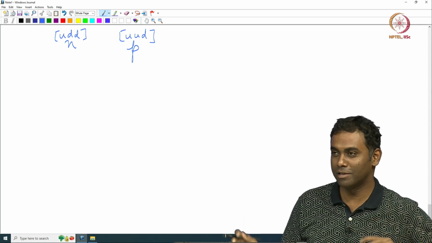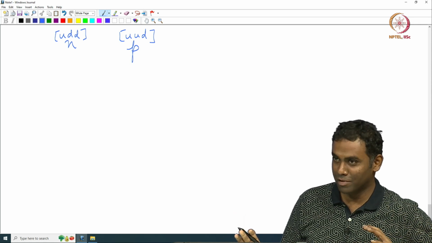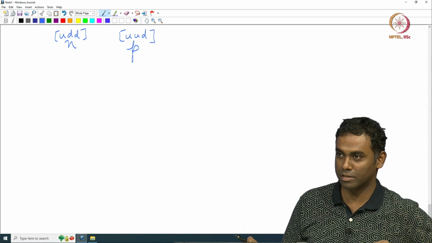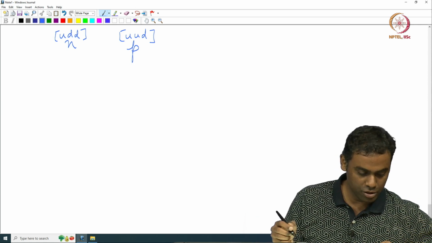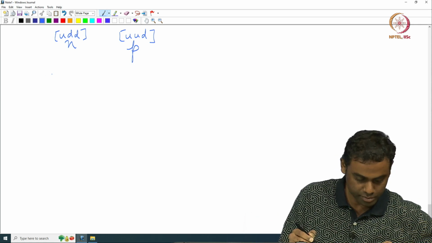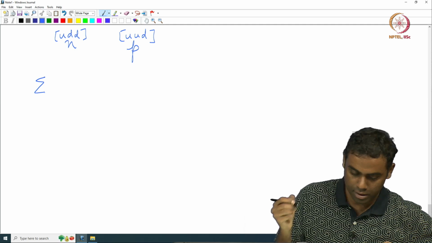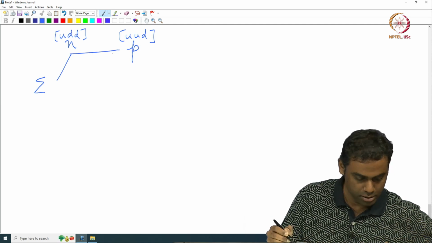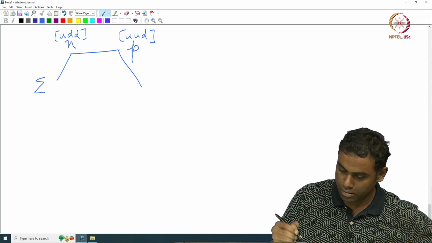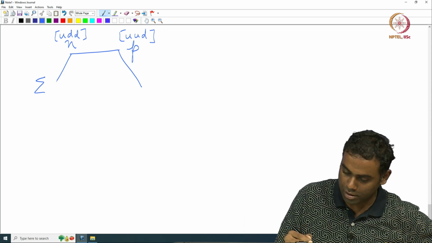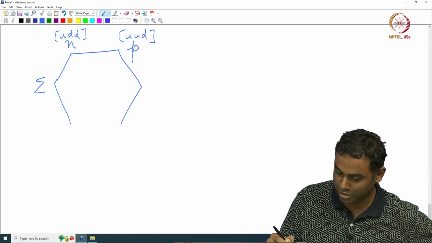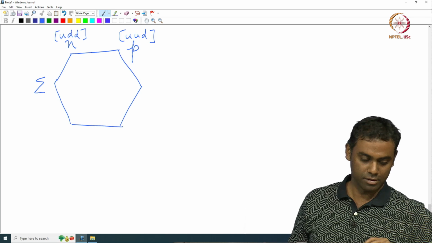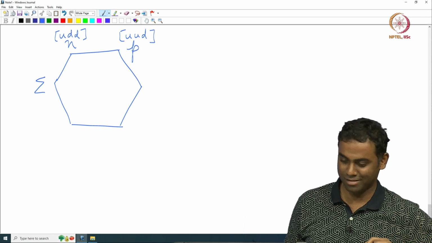I mean, you can put things on an octagon if you want, but with some very interesting properties. Okay, so let's see how it goes. Let me just draw the octagon first. Sorry, it's not an octagon. I'm sorry, it's a hexagon actually. It's an octet, but it's a hexagon.